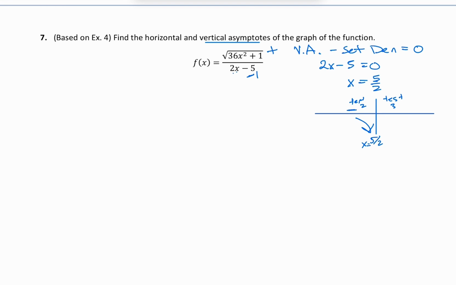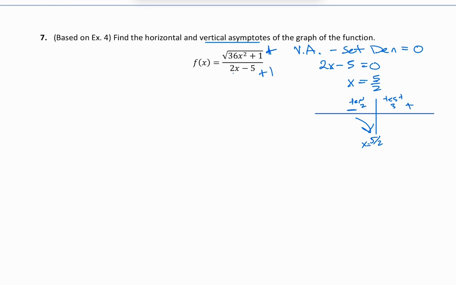Then on the right-hand side of that asymptote, testing in the 3, again I always get a positive in the numerator because it's the square root. Then I get 3 times 2, which is 6, minus 5, which gives me a positive 1.